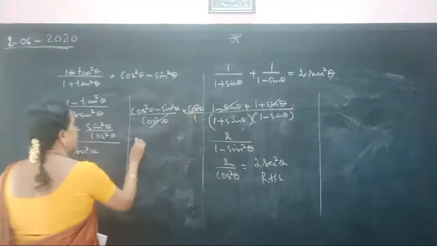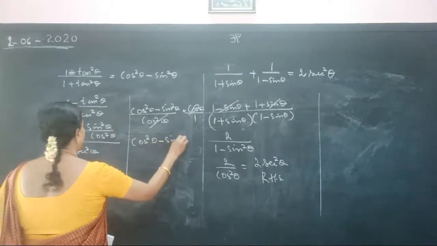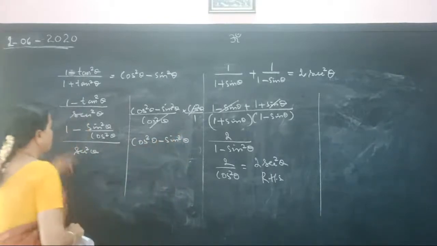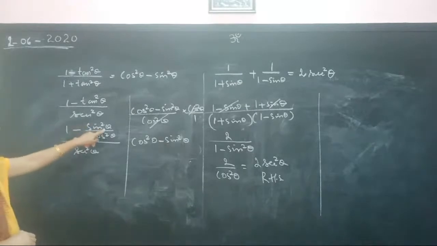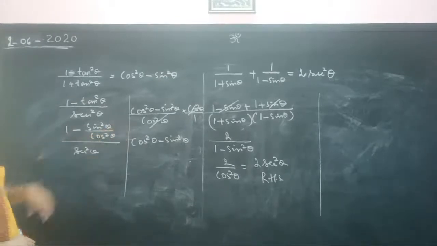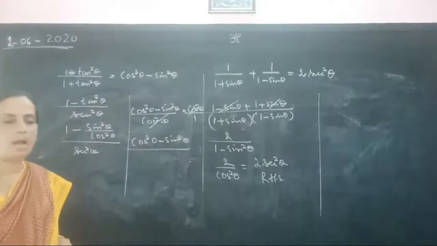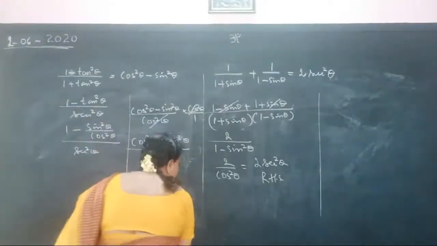Cancelling, you will get cos square theta minus sin square theta, that is the RHS value.